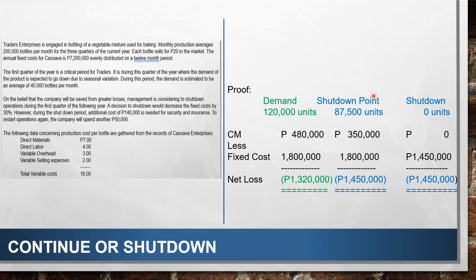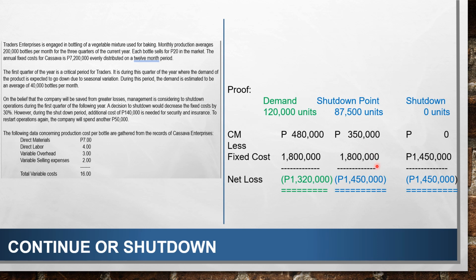Okay, so at the shutdown point, which we have computed as 87,500 units, if we sell 87,500 units multiplied by our contribution margin per unit, which we have computed as 4, we have a contribution margin of 350,000.